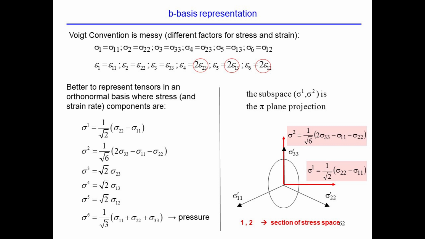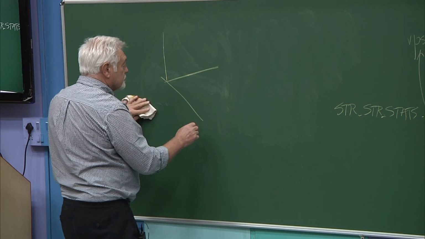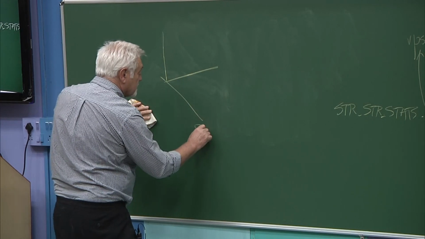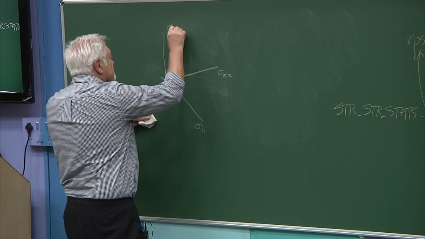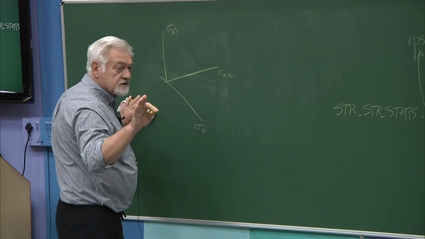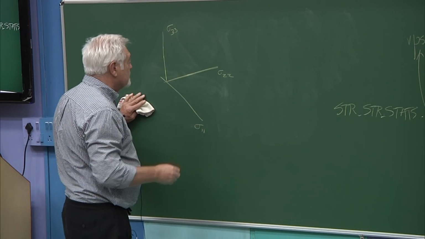And sigma 2, which is 2 sigma 3,3 minus sigma 1,1 minus sigma 2,2, goes in that direction. So that is how these components are disposed with respect to what you usually see when you plot yield surfaces. This is really a projection. I'm only going to work with sigma 1,1, sigma 2,2, sigma 3,3. I'm ignoring the shears in this plot.